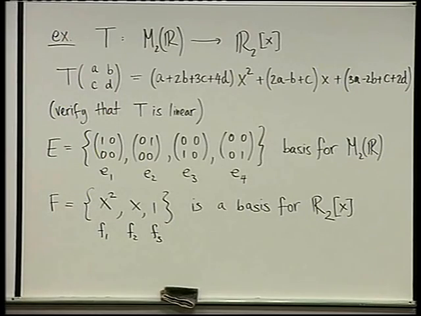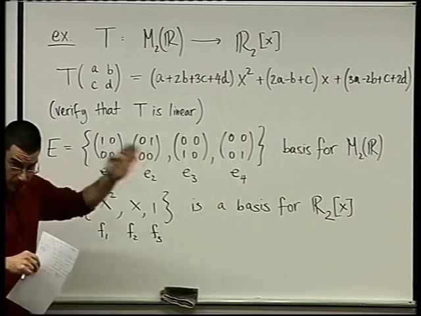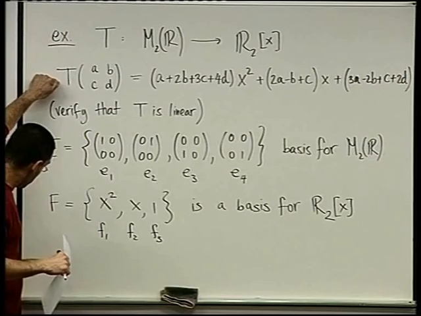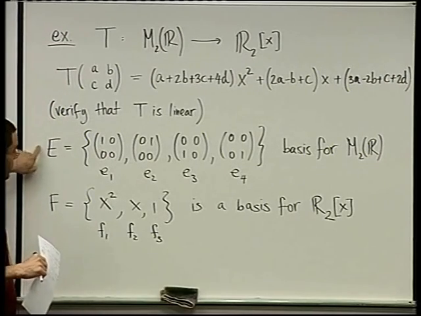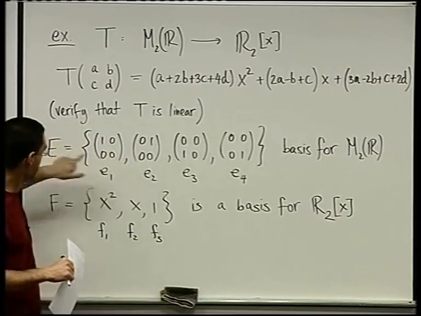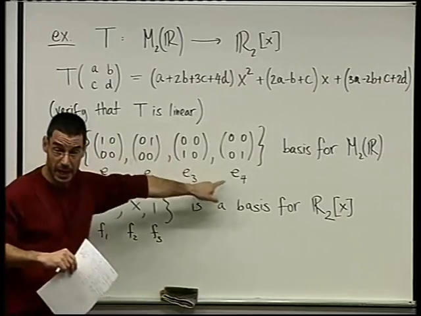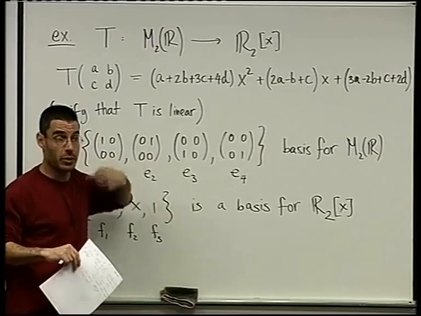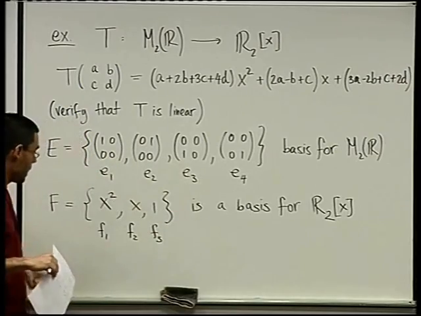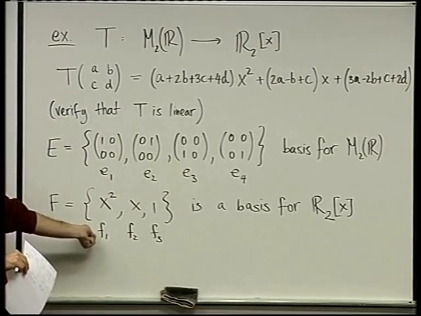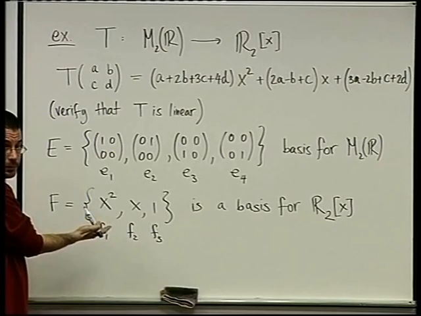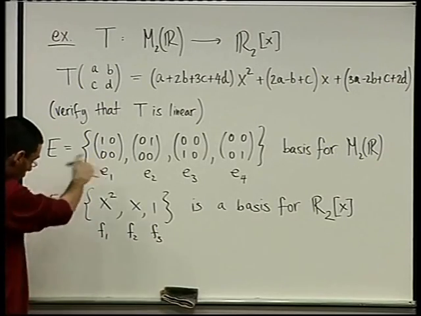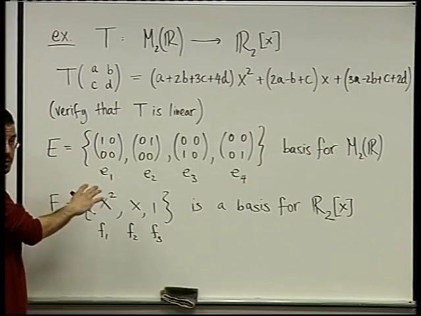Okay? Now what we're going to do, just like before, we're going to do T to each of the basis elements in the domain. T of this guy, T of this guy, T of this guy, and T of this guy. And each one of them we can write as a linear combination of the basis elements of the range. Okay? So I'm going to write it on a separate board because this board is full, but I want to show at least the first one here so you understand what's going on.